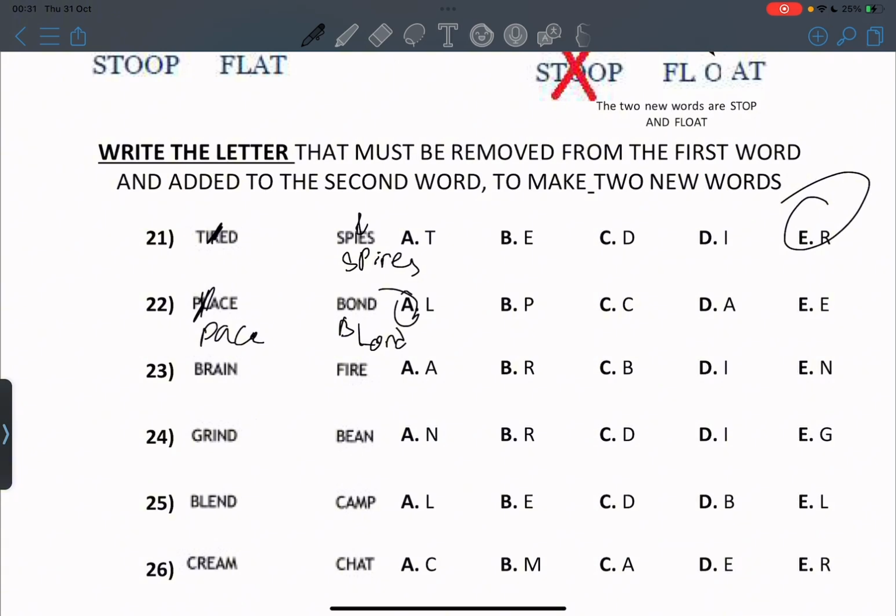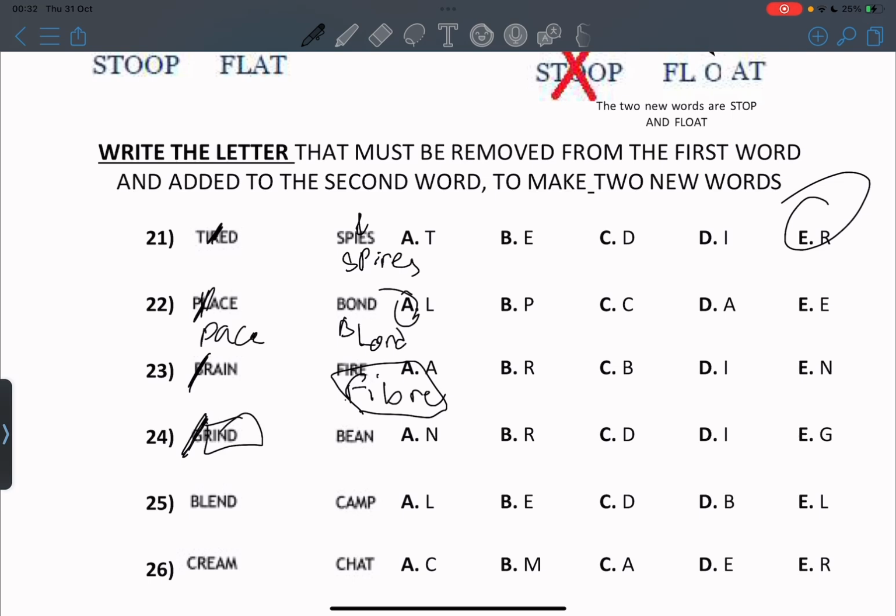Question 23. If you remove the B, you'll get rain. And if you put the B into here, you'll get fiber. Question 24. If you remove the G, you'll get rind, sorry.